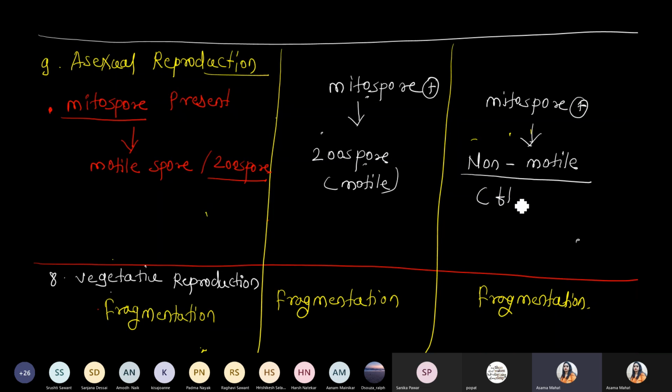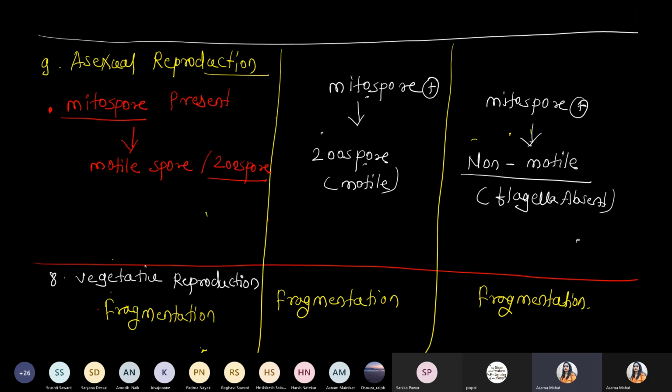Whenever we talk about a non-motile spore, it means that the flagella, the typical structure responsible for locomotion and movement, is totally absent. Got it? Is this point clear, everyone?